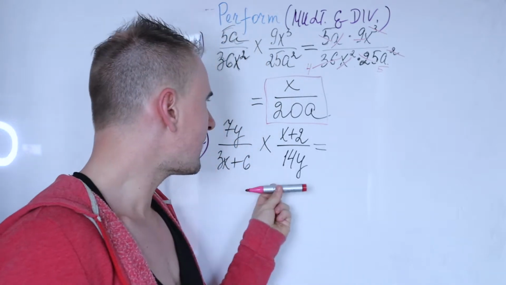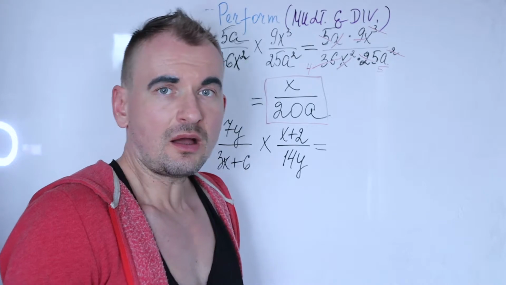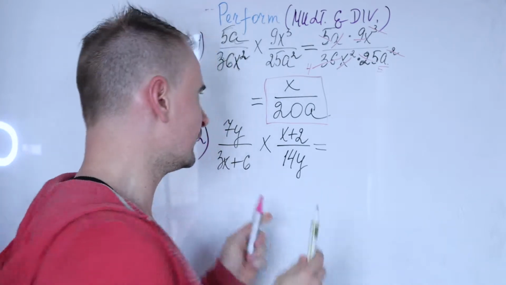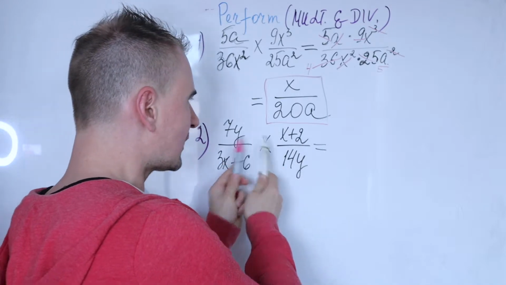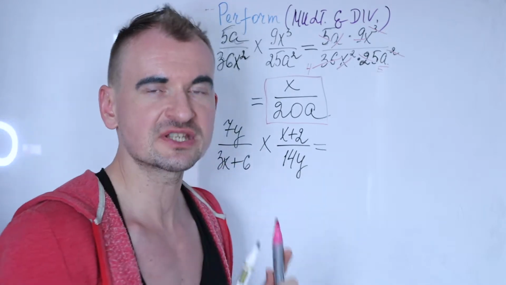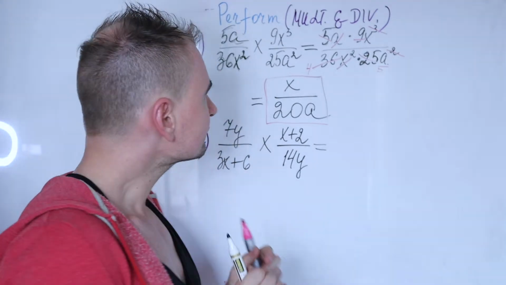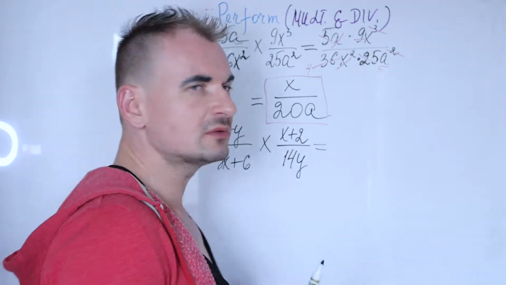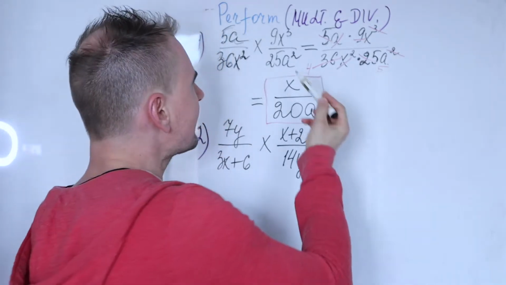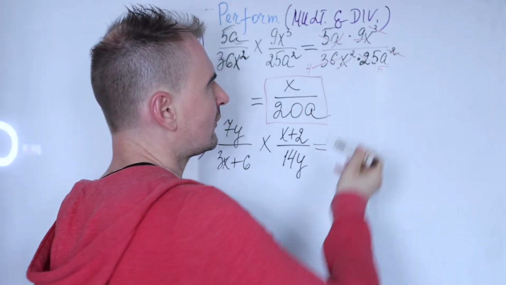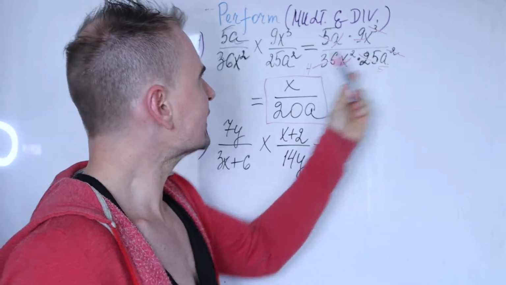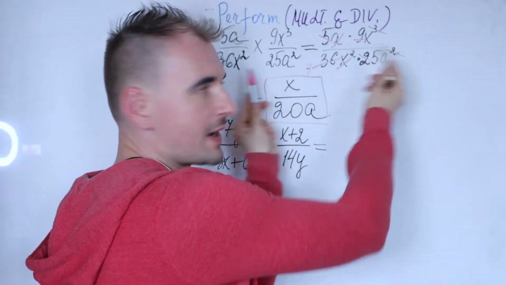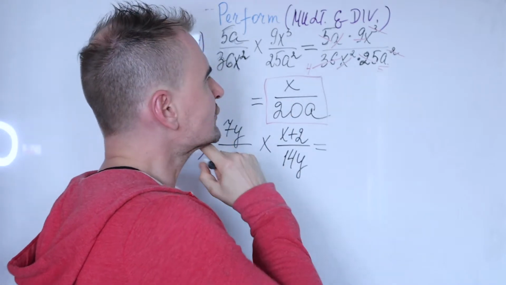Moving on, how about this one? Alright, so the same idea, stick to the same rule. You want to multiply tops across and bottoms across. One little tip: you don't actually have to write them as a single fraction and combine your tops on top and your bottoms on the bottom.